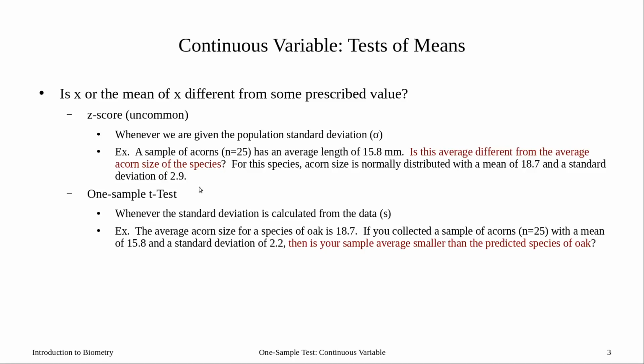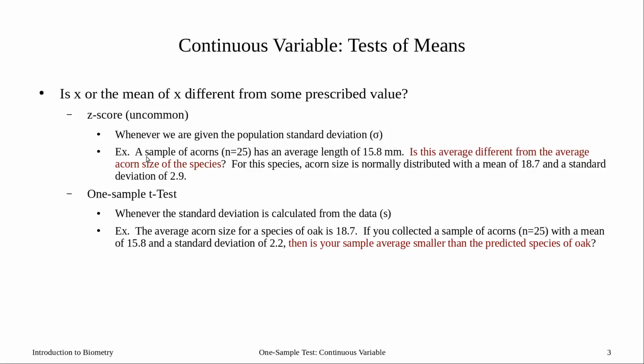And we've already seen this example when we introduced confidence intervals and why we have to use a t versus a z. So a z-score and a one sample t-test ask the same types of questions. Is the mean equal to some prescribed value, or is x, a single value, equal to some prescribed value or prescribed mean? So a z-score is rather uncommon. You normally don't have a population standard deviation, but when you do, we can perform it.